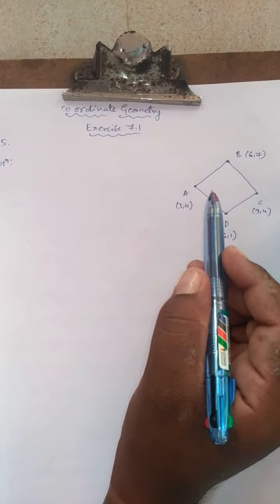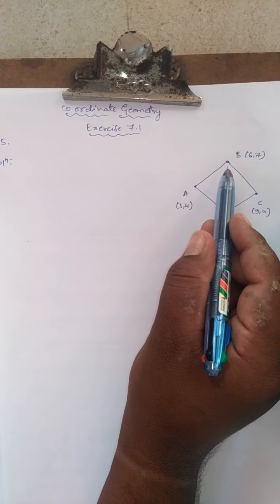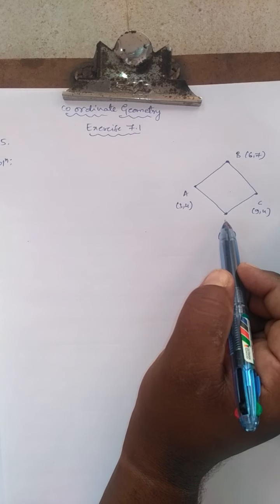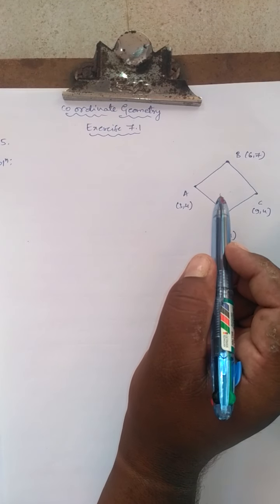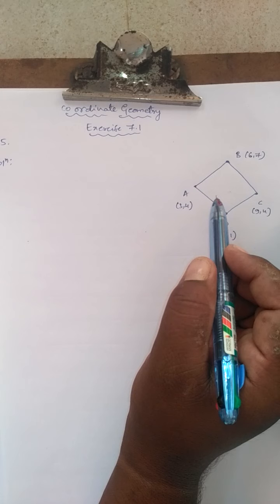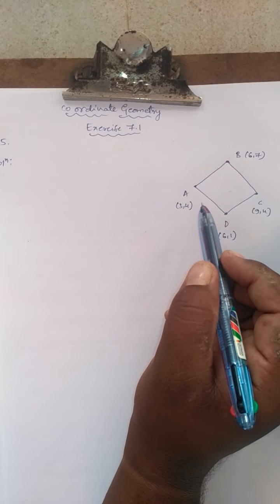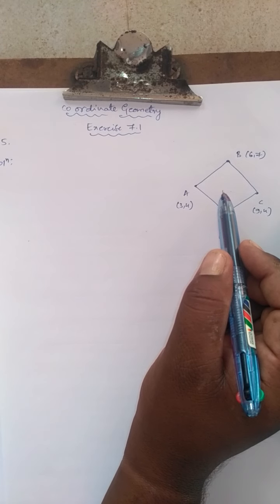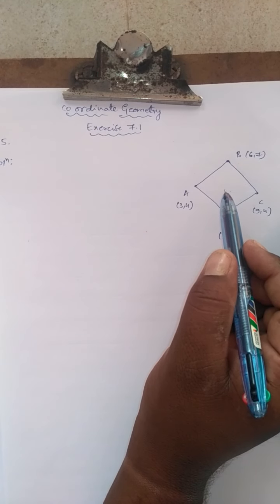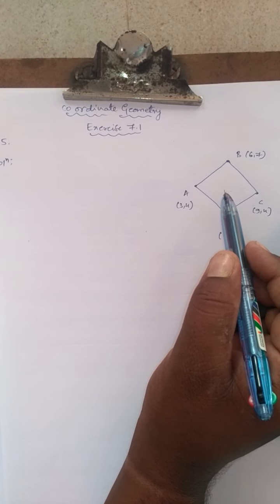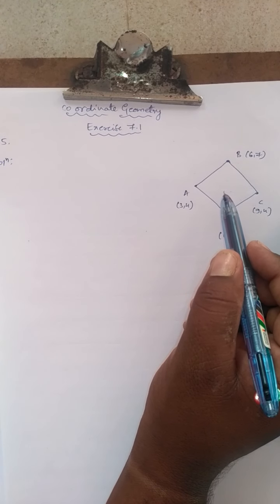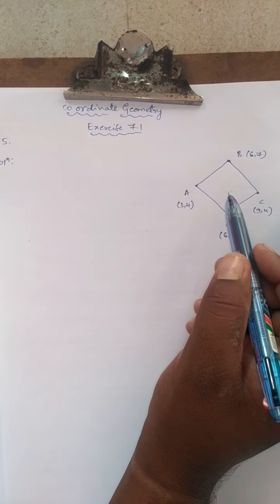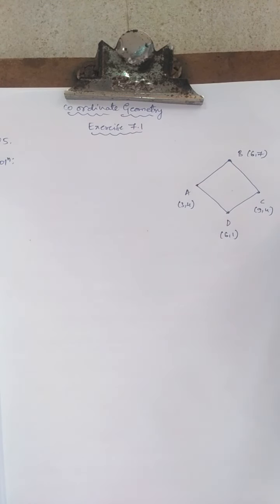First we check the distances from A to B, B to C, C to D and D to A. If we get all the sides, then we have to go for diagonals. In a square, all the sides are equal and the diagonals are equal, and only then can we say it is a square. If only all the sides are equal, it may sometimes be a rhombus also. For that reason, we have to go for diagonal verification also.